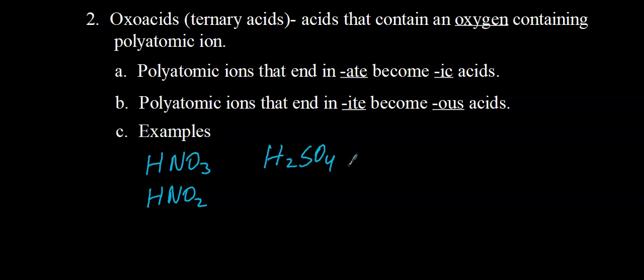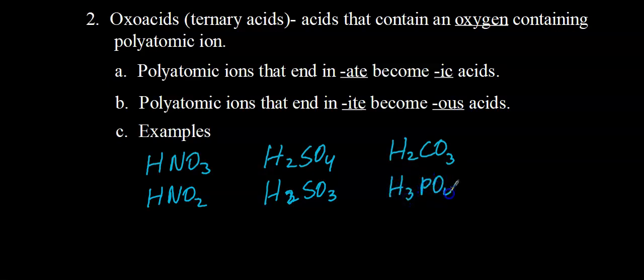Sulfate, so H2SO4 is called sulfuric acid. And H2SO3 is sulfurous acid. This acid contains carbonate, so this is called carbonic acid. This contains phosphate. This is called phosphoric acid.